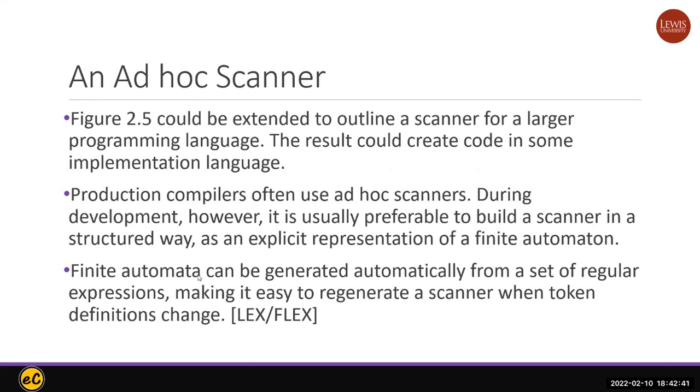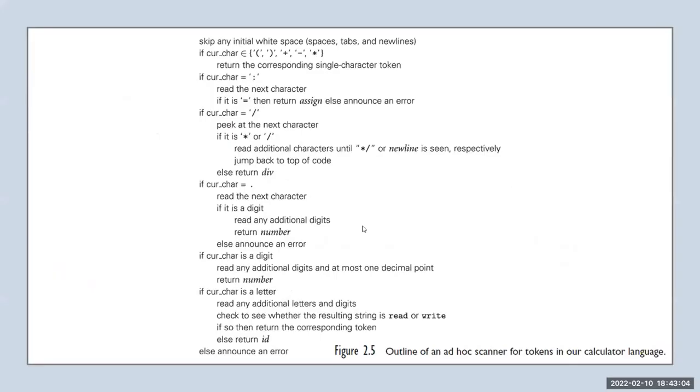Finite automata can be generated automatically from a set of regular expressions. So in the later half of this chapter, we'll talk about regular expressions and making it easy to regenerate a scanner when token definitions change. That is easier when you have a change, and then after you have a stable version, you may go back to the ad hoc scanner.